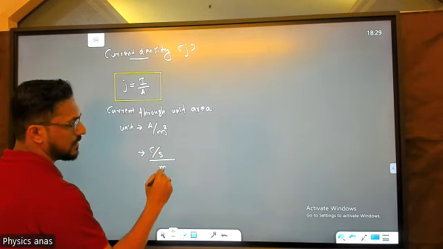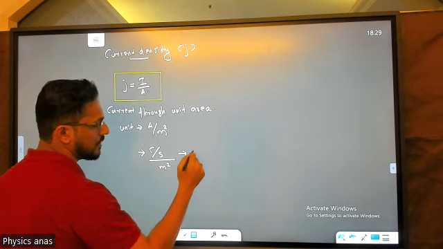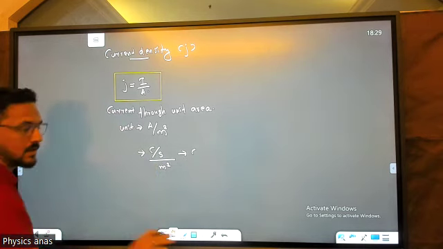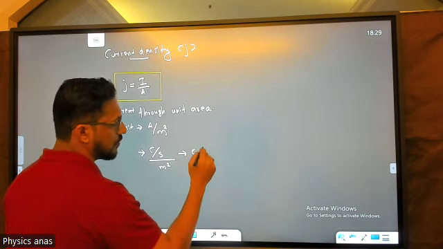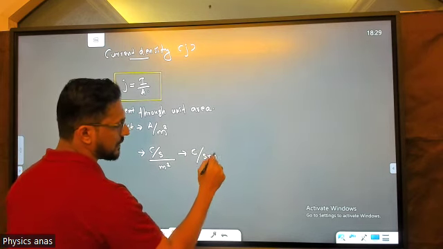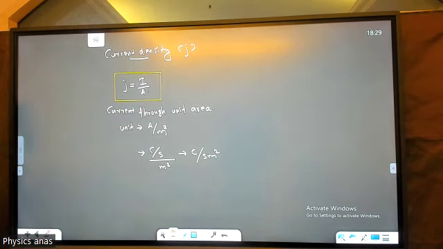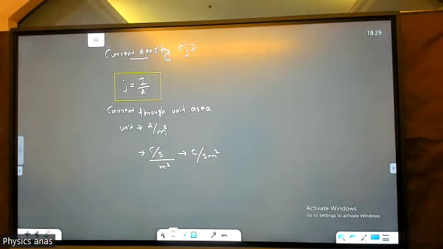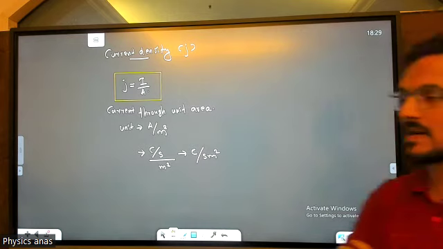Then meter square comes to the denominator, so that will be coulomb per second meter square. This also is a unit of current density.